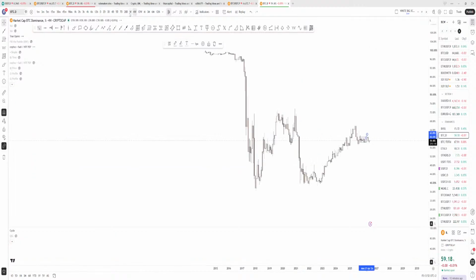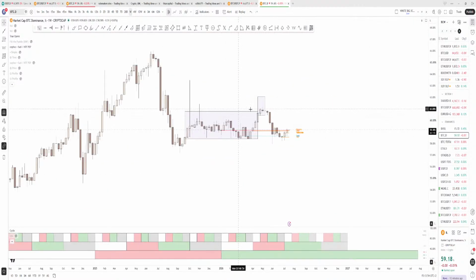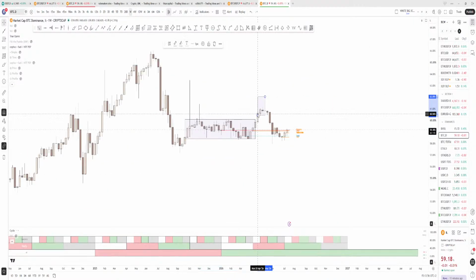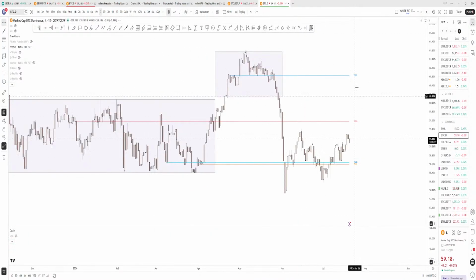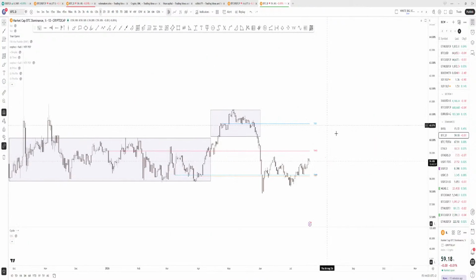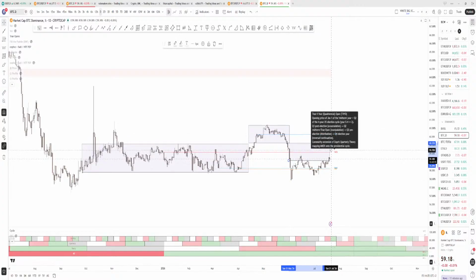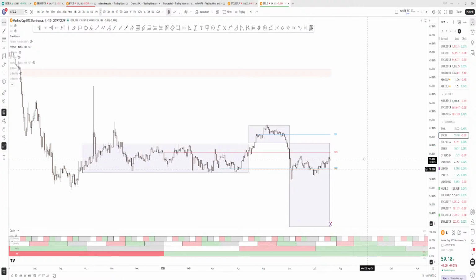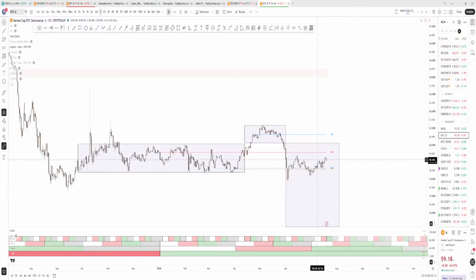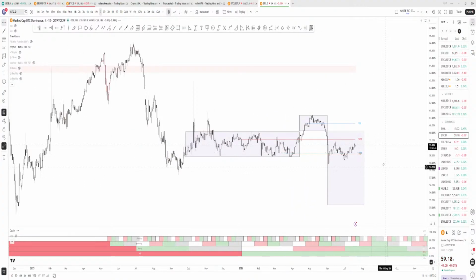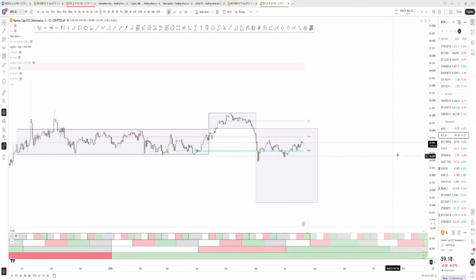Over on higher time frame, it's probably going to be better, like this. So it's like a macro PO3, but it's still very nice. And right now we are coming lower. I think we'll continue. It's just going to tap some of these levels here before reversing lower.